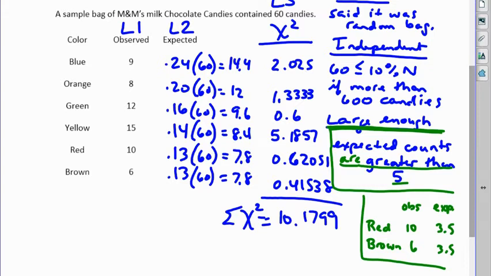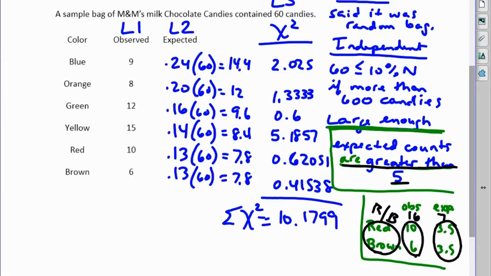That is a problem. So to fix this problem, I would make this one group. Let's call it red-brown. And then I would change this to being 16. And now my expected counts would be 3.5 plus 3.5 is 7. No decimal. Now, are my expected counts greater than 5? Yes. So that's the way you fix that.